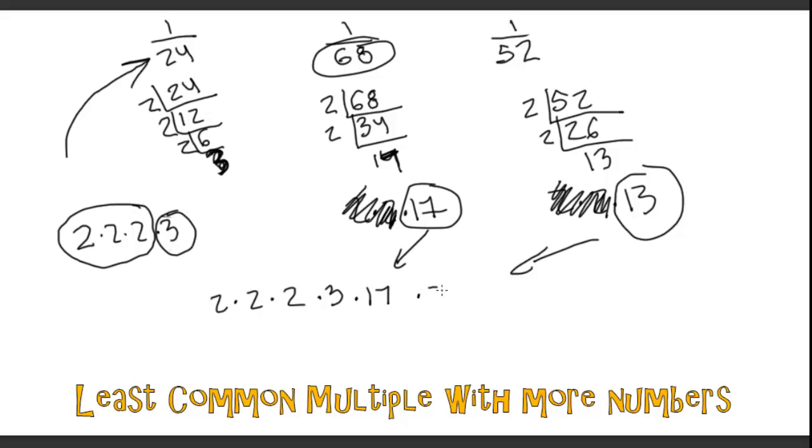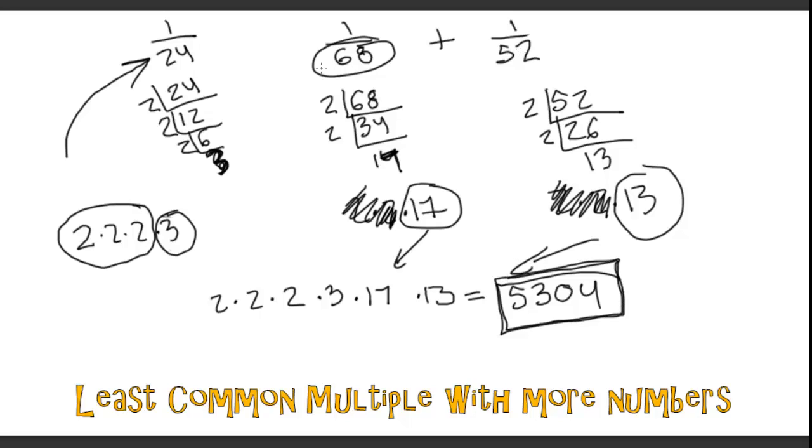And this is going to come out to some hideous number of 5,304. That's going to be your common denominator if you were to add or subtract these pretty fractions.